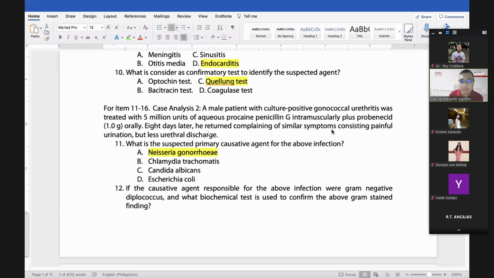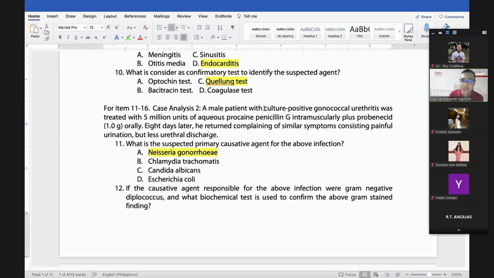So, a male patient with culture-positive gonococcal urethritis was treated with 5 million units of aqueous procaine penicillin G intramuscularly, plus probenecid 1 gram orally. 8 days later, he returned complaining of similar symptoms consisting of painful urination but less urethral discharge. So question 11, what is the suspected primary causative agent of the above infection?